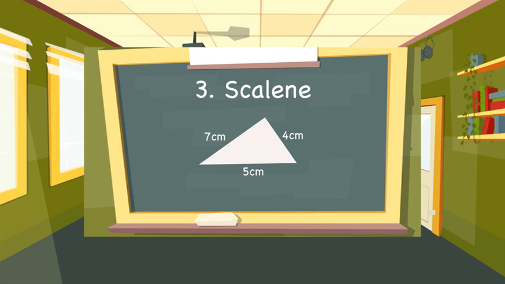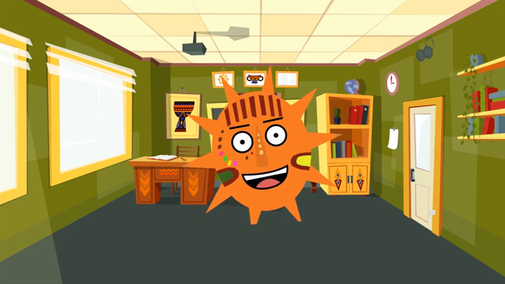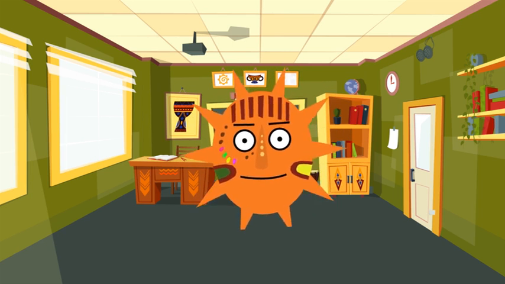So this will be a scalene triangle. What about the angles? The 3 angles are also different. In the lines of symmetry, a scalene triangle does not have a line of symmetry.